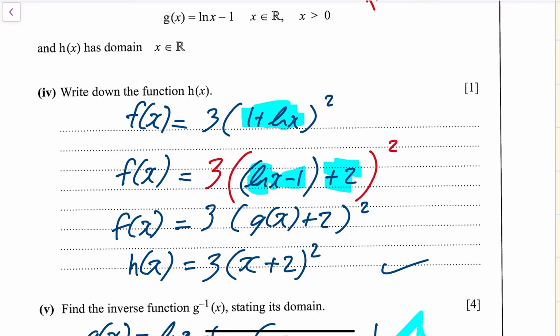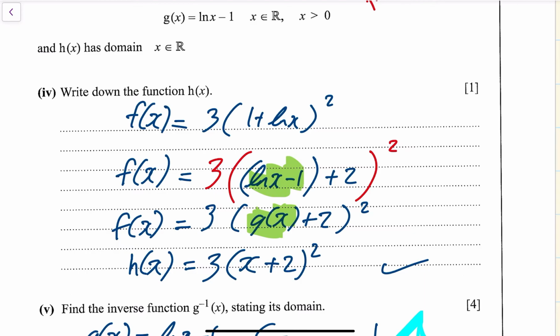Now why I've done that is, this bit in green, that's what my g of x is. So my f of x is 3 upon (g of x plus 2), and then that's squared. So that's the same.